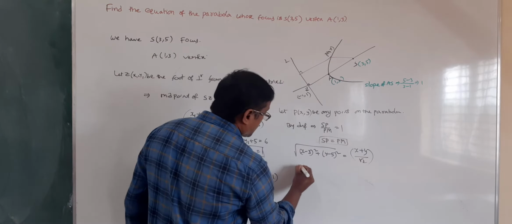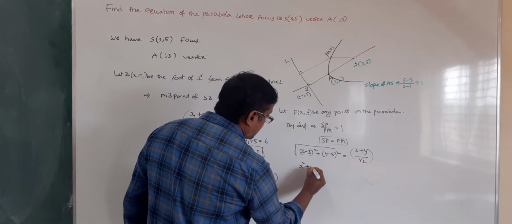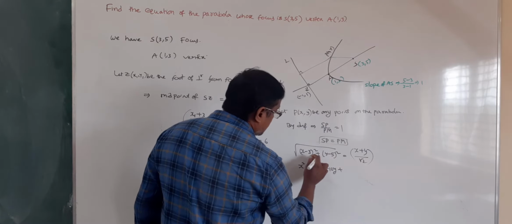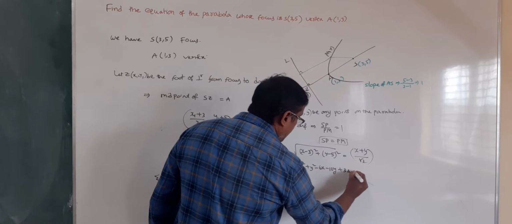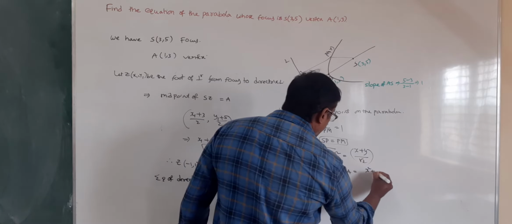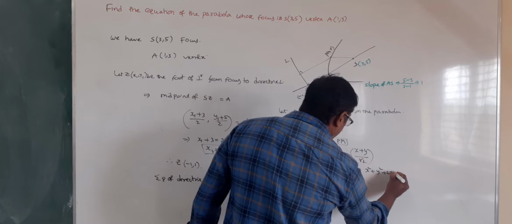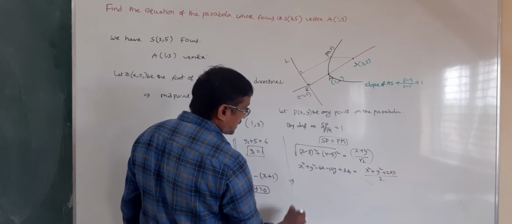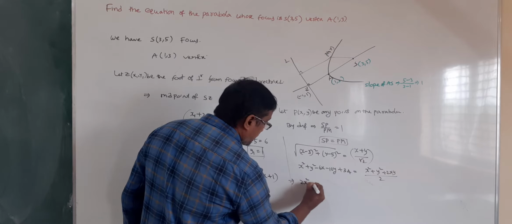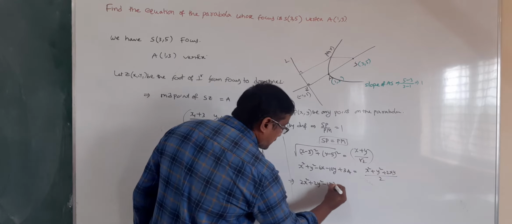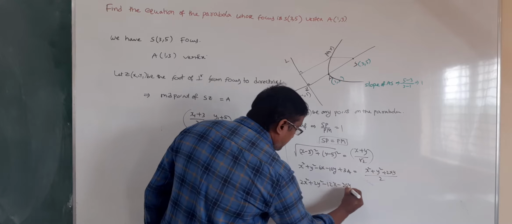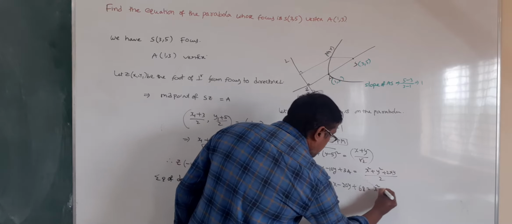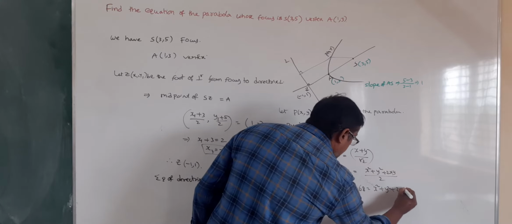Now squaring on both sides, you will get x square plus y square minus 6x minus 10y plus 9 plus 25, which is 34, is equal to (x square plus y square plus 2xy) by 2. Now on simplification, you will get 2x square plus 2y square minus 12x minus 20y plus 68 equal to x square plus y square plus 2xy.